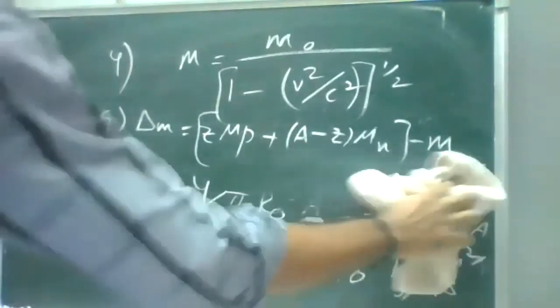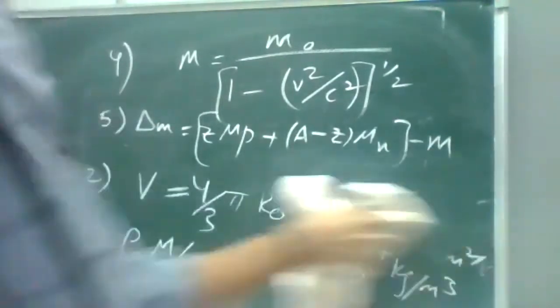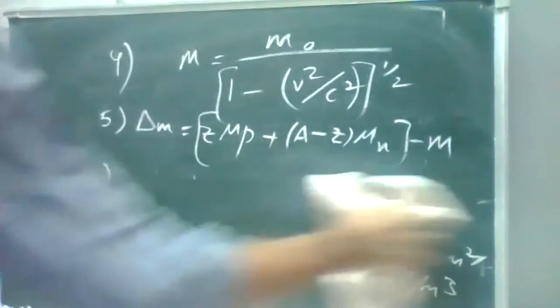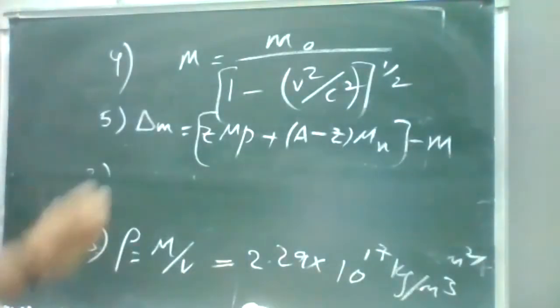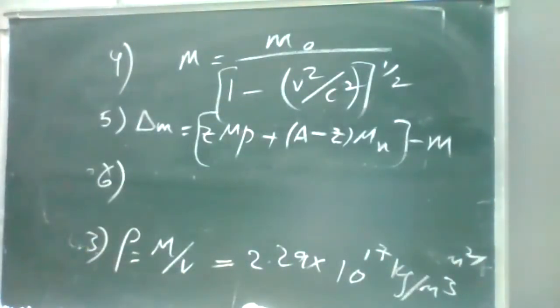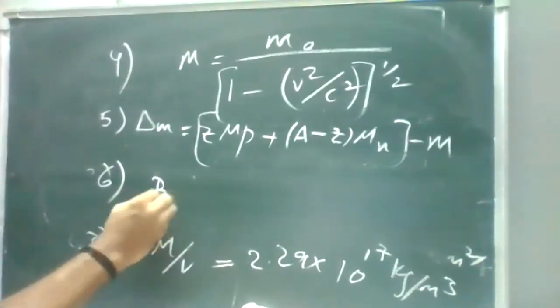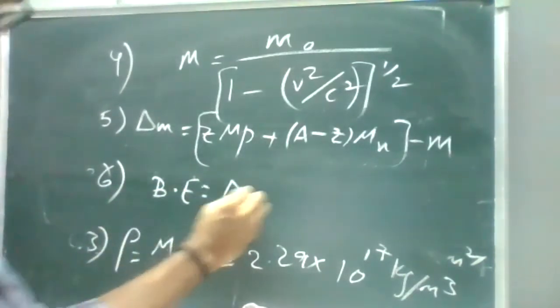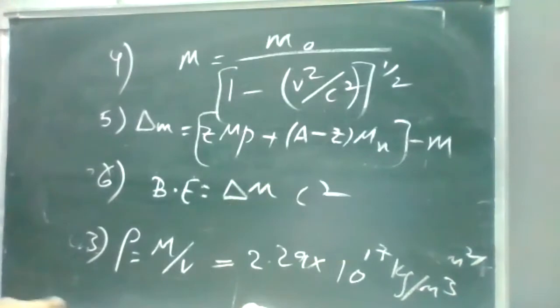Next, sixth one, binding energy. Binding energy BE is equal to del m c square.